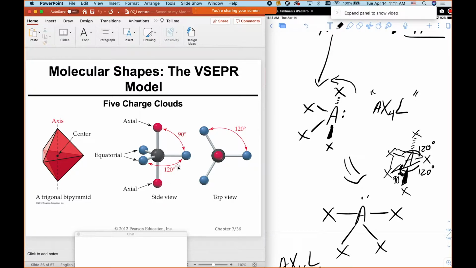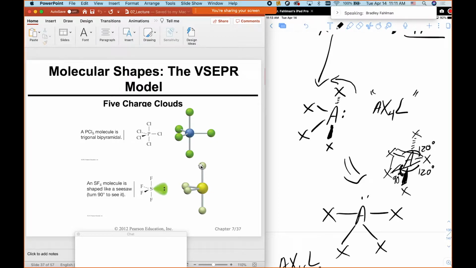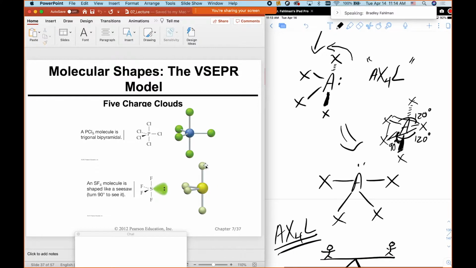Okay, and so then when you look at this structure, now you're going to have 180. So this angle here is going to be 180. And then you're going to have 90 degrees between here. Okay.